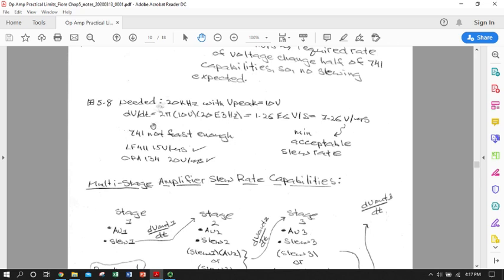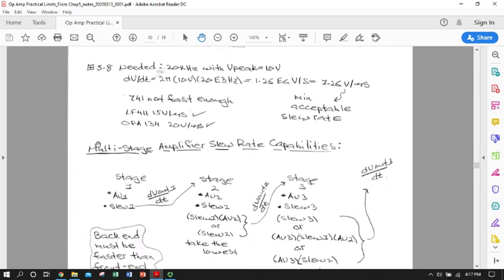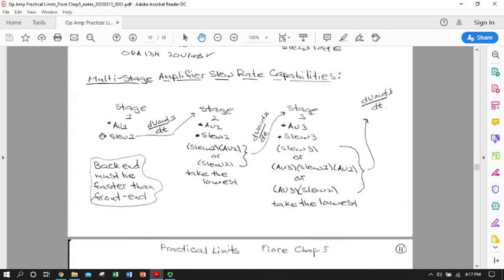The 741 only had 0.5 volts per microsecond, so that wouldn't be fast enough, but these other two op amps would be plenty fast. So you can see how my slew rate is driving my choice of op amp independent of gain bandwidth and all those other properties. So a little bit of a design consideration.